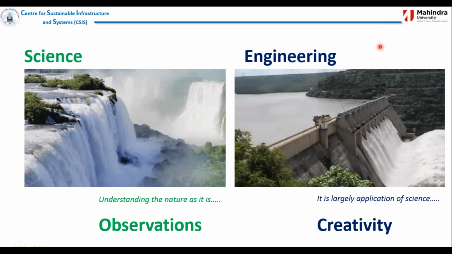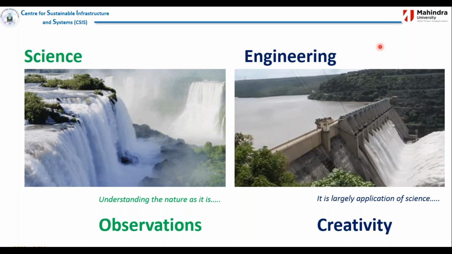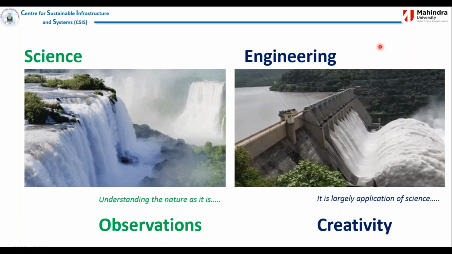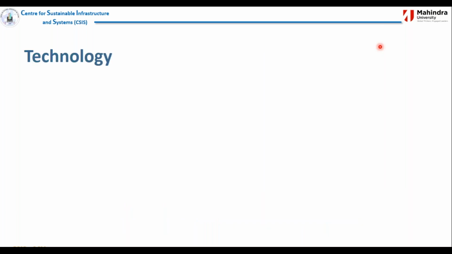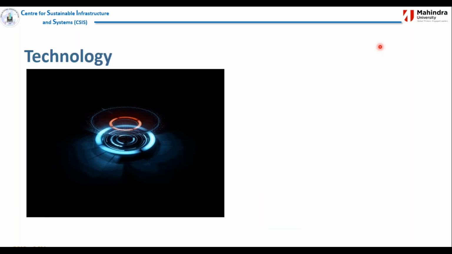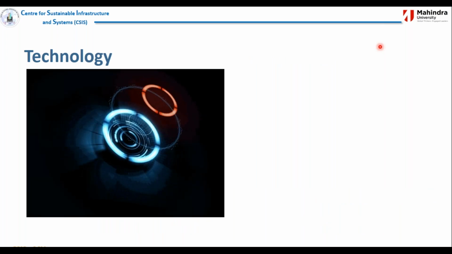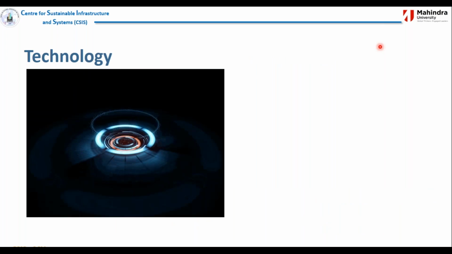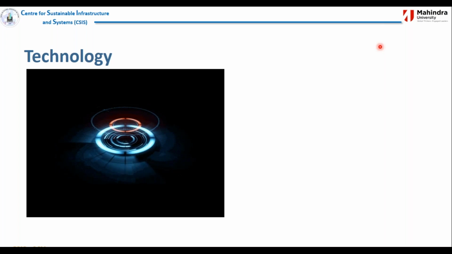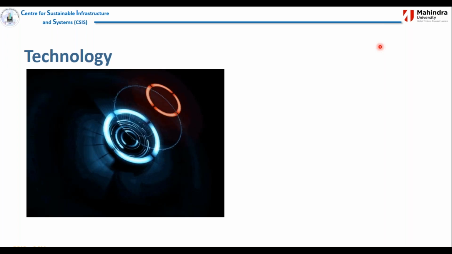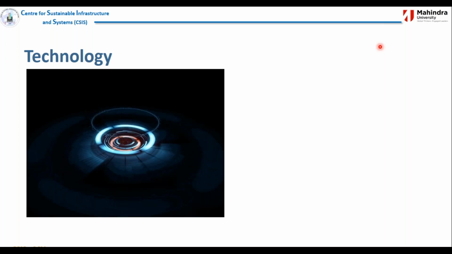I show you this example because a dam is considered to be one of the largest, biggest, heaviest structures apart from the pyramids themselves. Technology might not be part of ancient structures, but technology can be said as techniques.